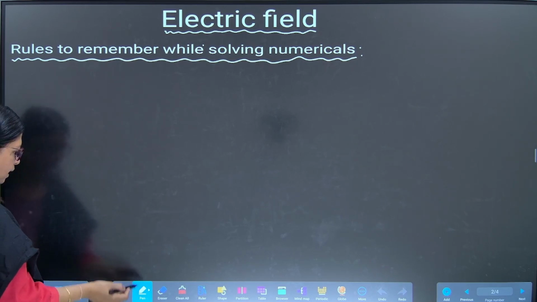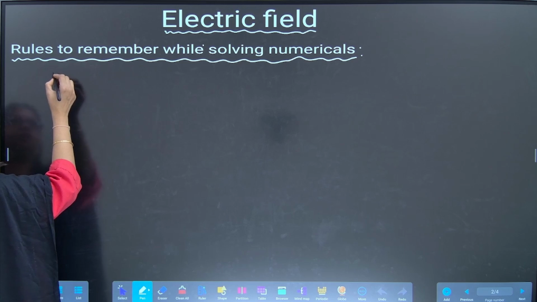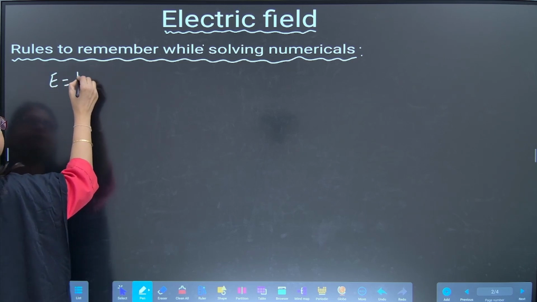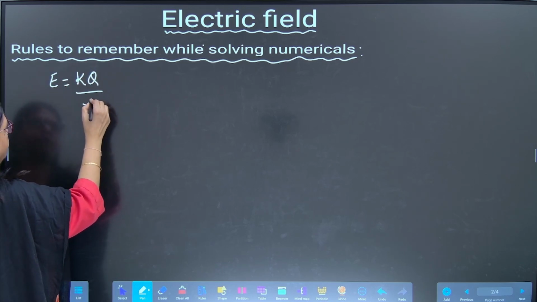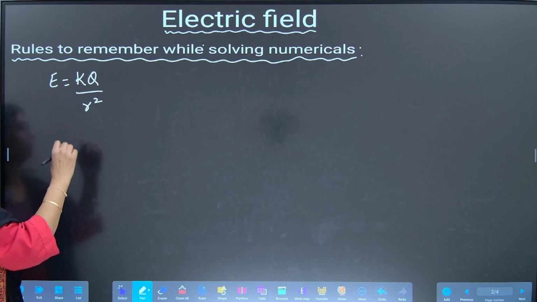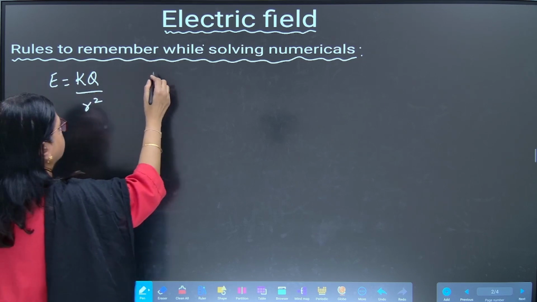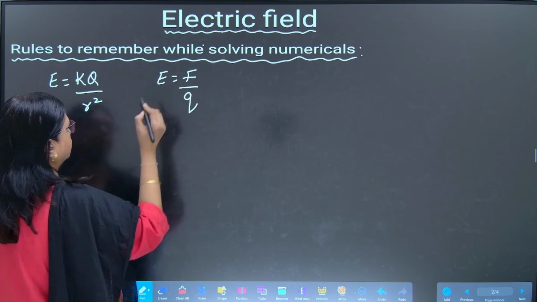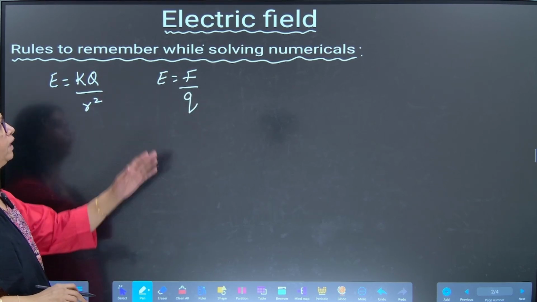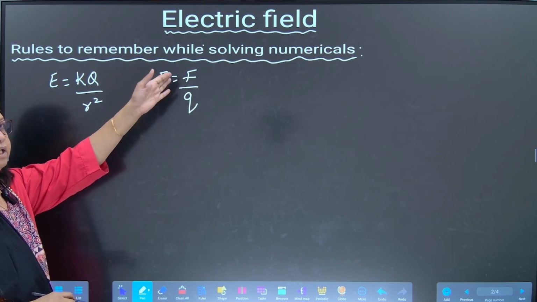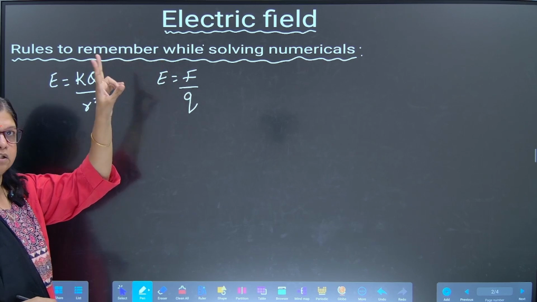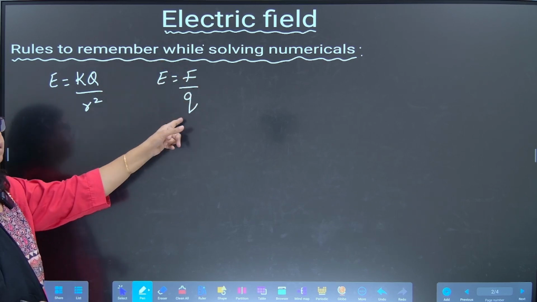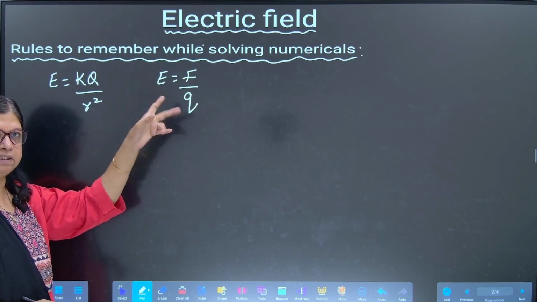So first thing I would write is the formula E is equal to KQ upon R square, where Q is the source charge and R is the distance between the charge and the point. Another formula we have is E is equal to F upon Q. This is about the magnitude I am talking. E is equal to F upon Q, where F is the force between the source charge and the test charge, and Q is the unit charge which we have taken as a test charge.